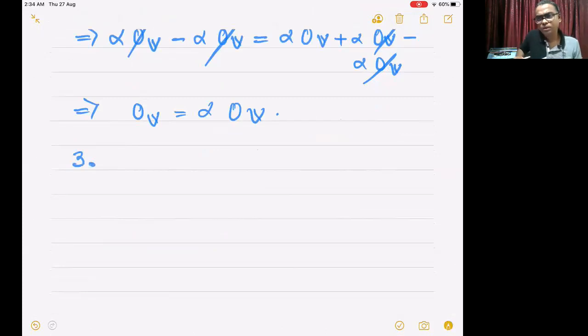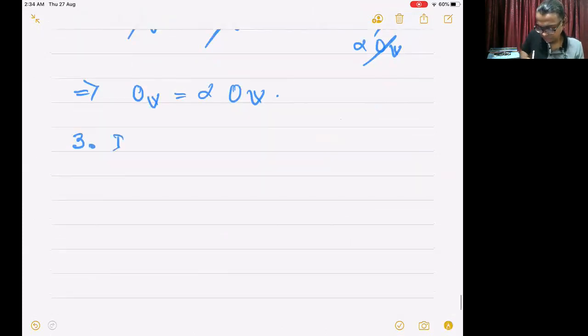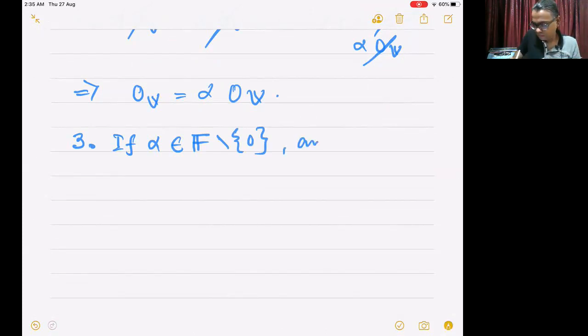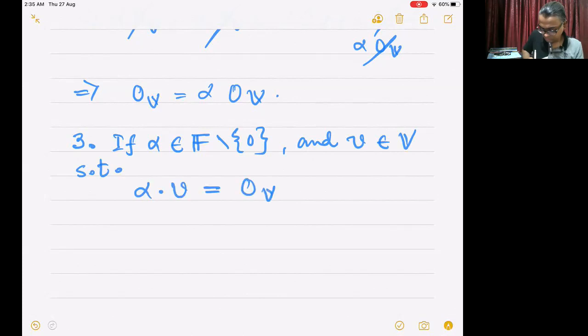One more important thing: if alpha is a non-zero scalar, so it's from the field but it's not 0, so it's from the field minus 0, and v is any vector in the vector space such that alpha times v is equal to the 0 vector, then this implies alpha inverse exists, because alpha is non-zero and alpha is coming from a field.